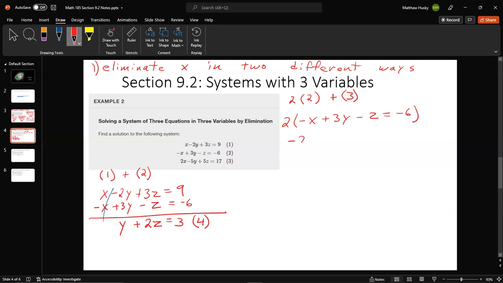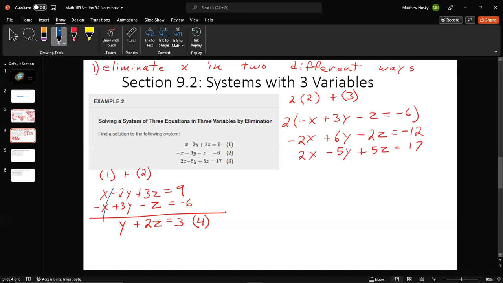When I do that, I get negative 2x plus 6y minus 2z equals 2 times negative 6, which is negative 12. The other equation is equation 3, which I'm not doing anything to. That's just going to be 2x minus 5y plus 5z equals 17.